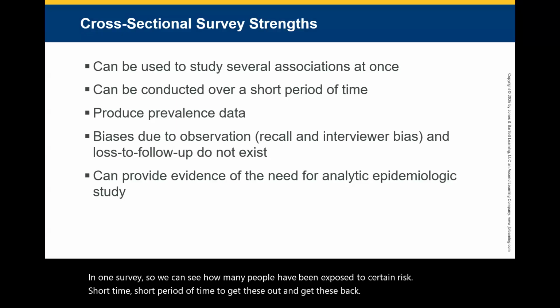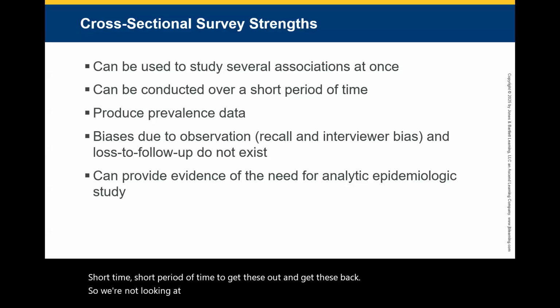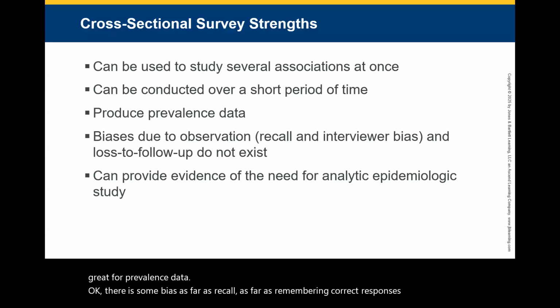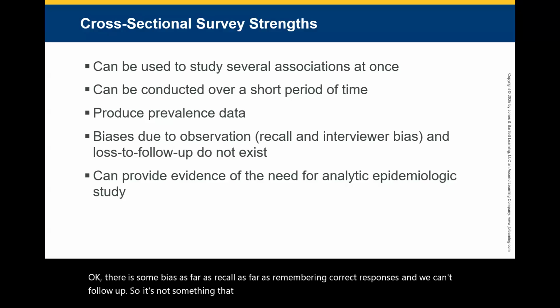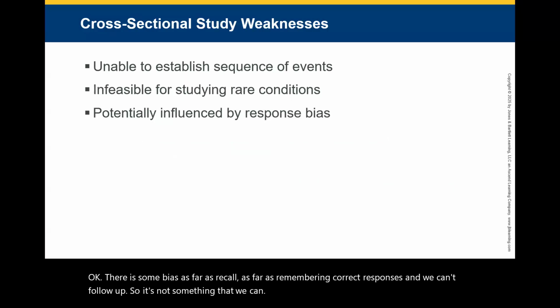So we're not looking at a longitudinal study where we're following these individuals over years. Great for prevalence data. Okay. There is some bias as far as recall, as far as remembering correct responses, and we can't follow up to ask for clarification.